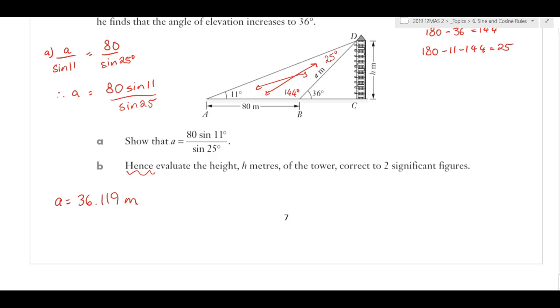Now, looking at this right angle triangle, we'll put the right angle in there. I have the hypotenuse, and I want to find the opposite side. So opposite on hypotenuse is sine. The sine of 36 degrees equals h over 36.119. Therefore, h is 36.119 sine 36 degrees.